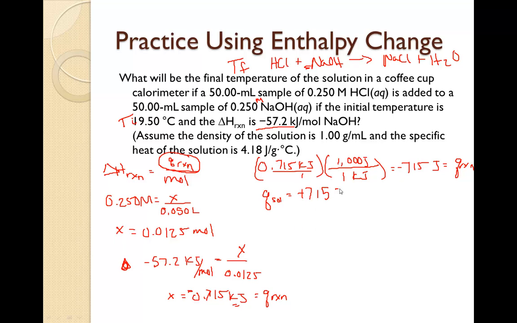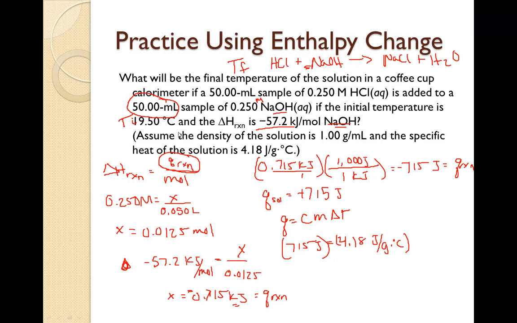Alright. So now Q is equal to C m delta T. So 715 is an aqueous solution, so we're going to use 4.18. The mass, we're talking specifically about NaOH here, because it gives us the delta H of the NaOH. 50 milliliters.